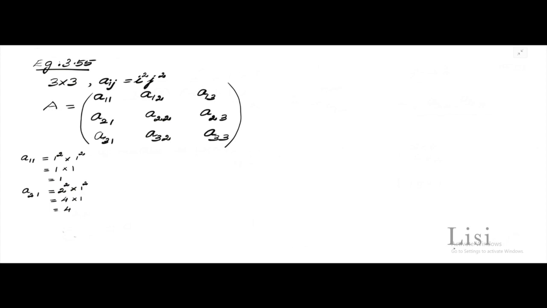Okay. And next, A31 is equal to, i is 3, so 3 square into j is 1, 1 square, is equal to 3 square means 3 3s are 9 into 1, which is equal to 9. Right.